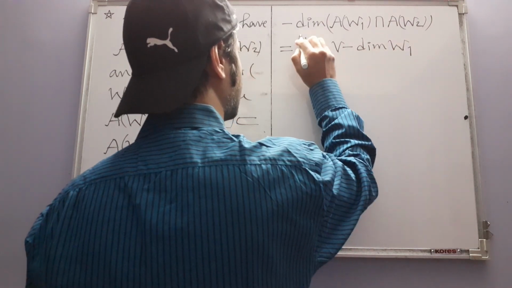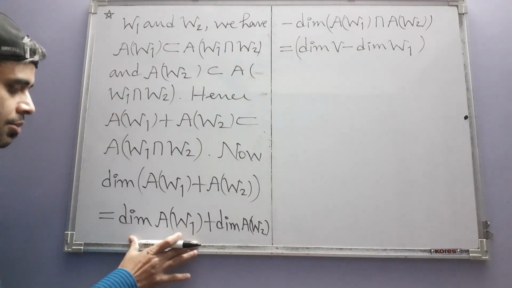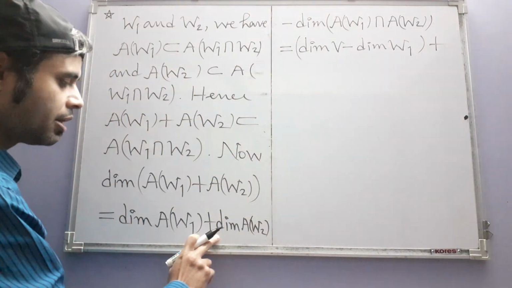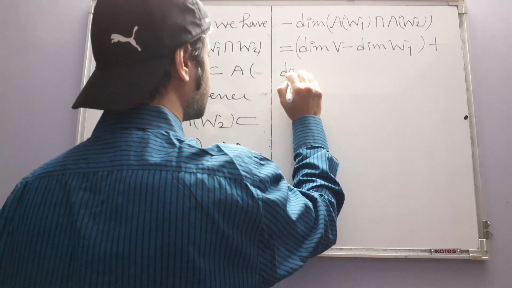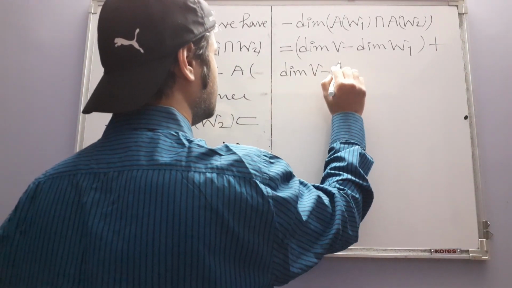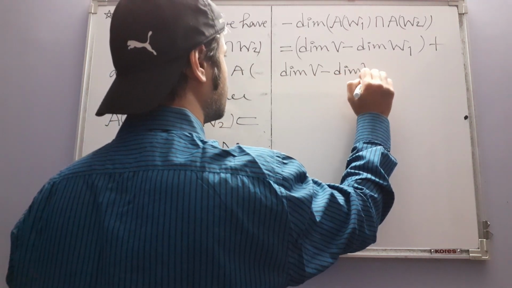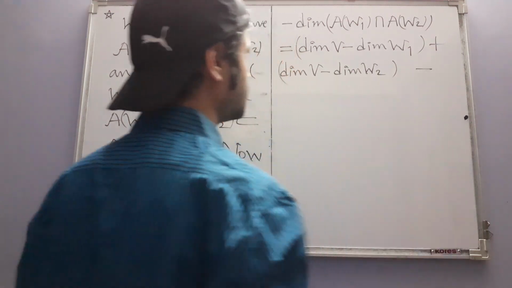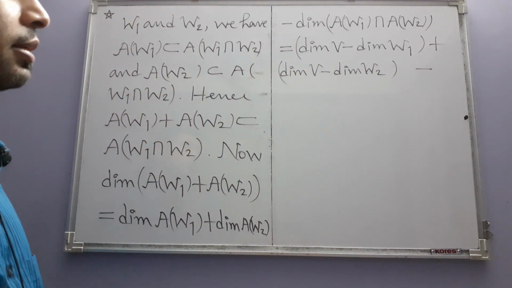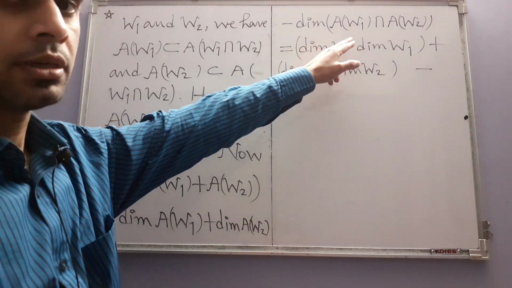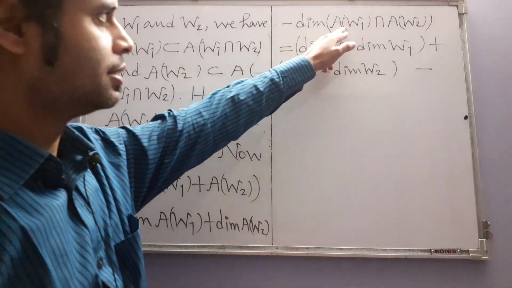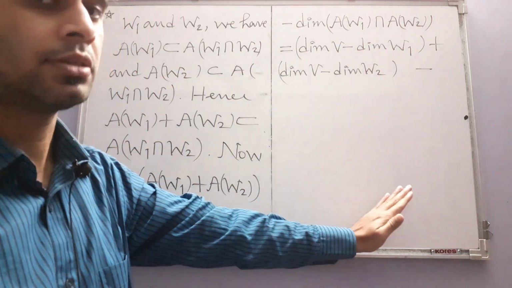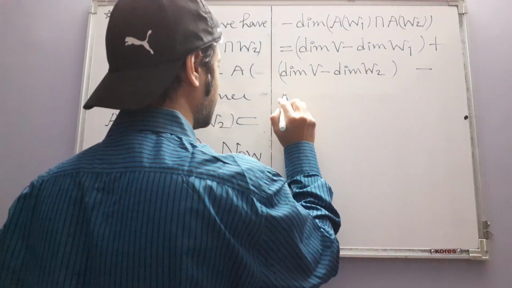This is the dimension of the annihilator of W1, that means our first term, plus similarly this one is the dimension of V minus the dimension of W2 minus. Now note that in the previous exercise we have shown that this intersection is actually the annihilator of W1 plus W2. So we can use that fact here.